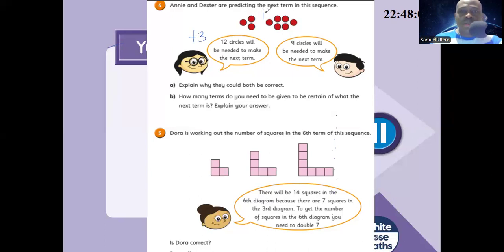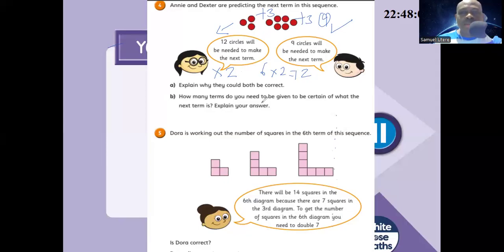But Annie is thinking about this sequence differently. Annie is thinking that this sequence is being doubled. So if we double 3, it's going to be 6, so 3 times 2 is 6. If we double 6, 6 times 2 is 12. Okay, so they're both correct depending on how they're describing the sequence.